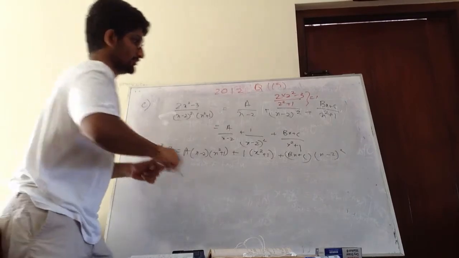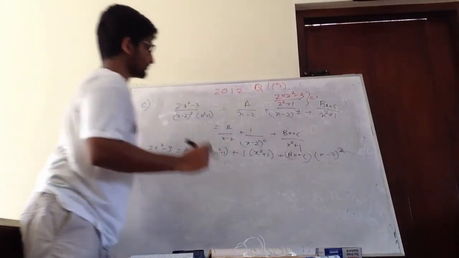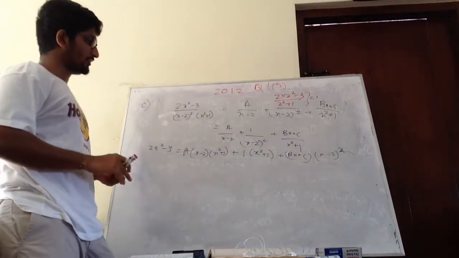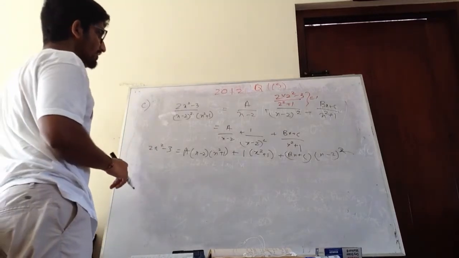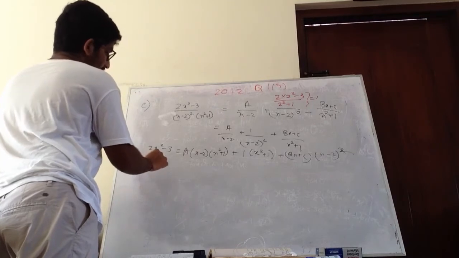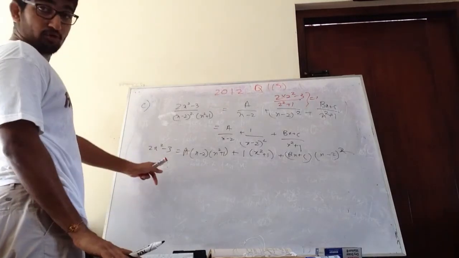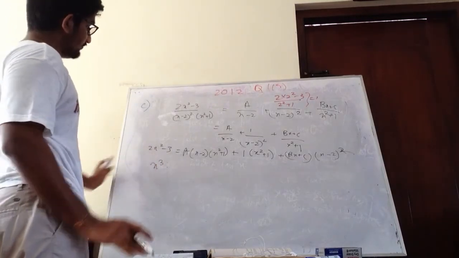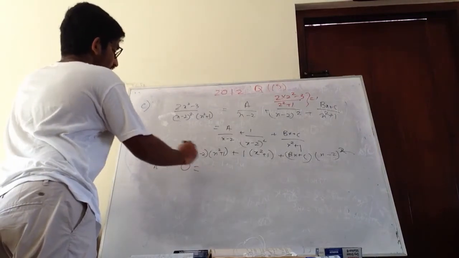Right, so now we need to find the coefficients A, B, C. What I'm going to do is compare coefficients of x cubed, which is nothing here, 0.